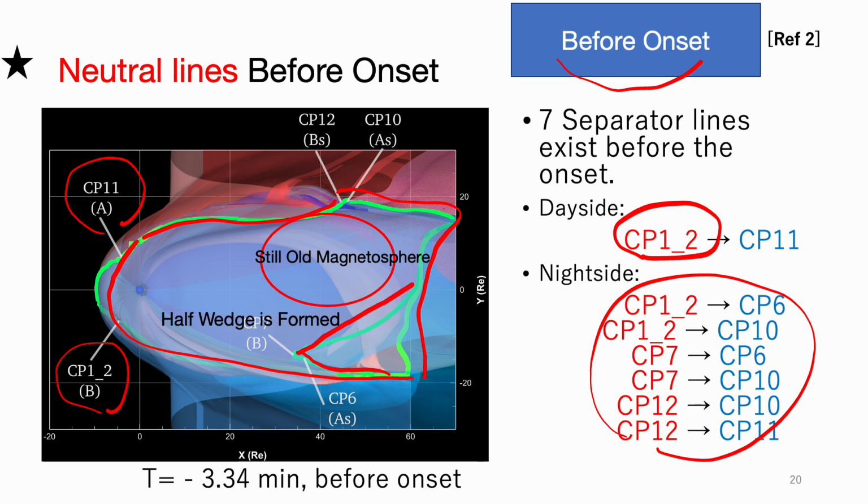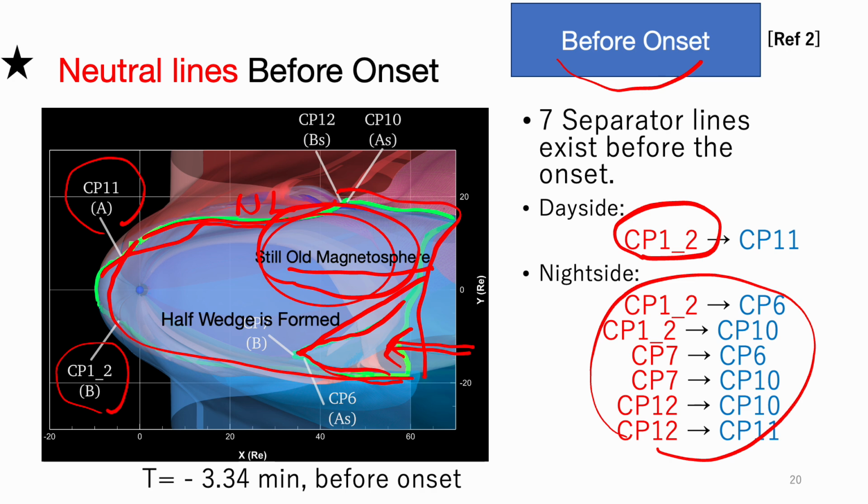The interesting point is these green lines are neutral lines, and these neutral lines are bifurcated at the tail, and a half wedge-shaped magnetosphere is formed here. This means the outside magnetic field now penetrates into the dusk side of the magnetotail region. However, the dawn side of the magnetotail region is still the old magnetosphere.